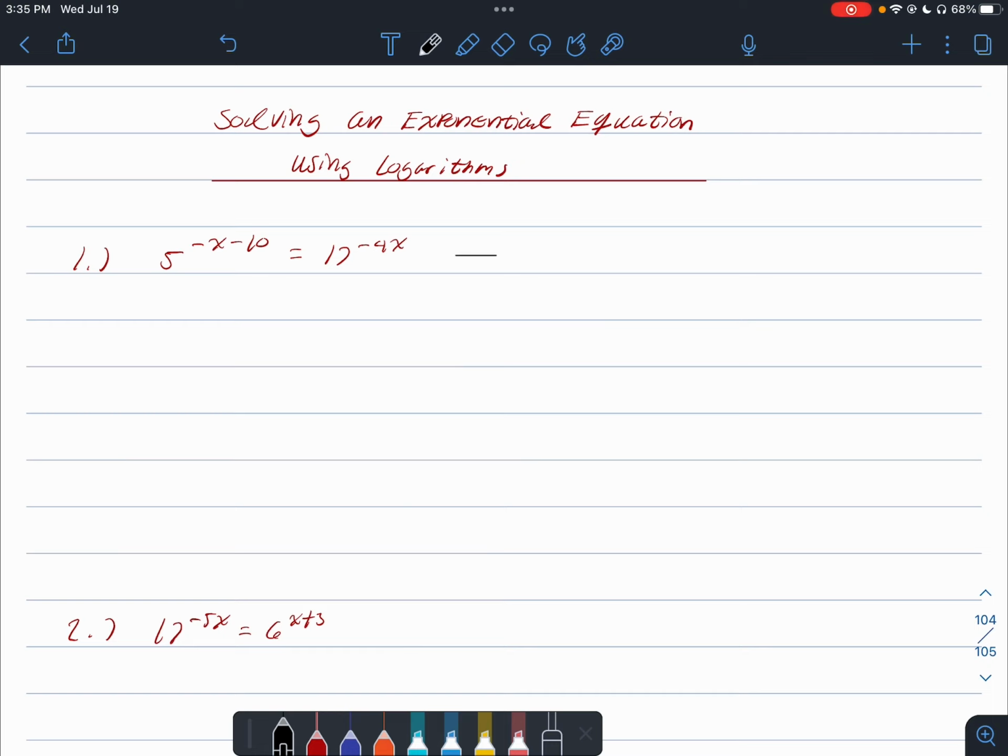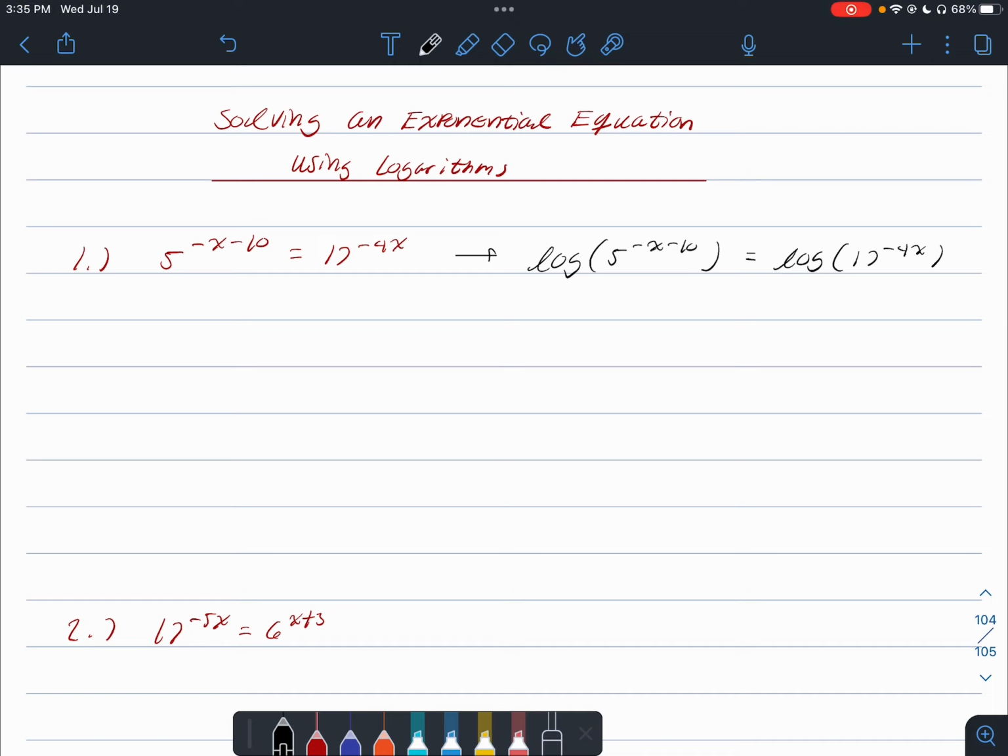So we have log of 5 to the negative x minus 10 should be equal to log of 17 to the negative 4x. And now what we can do is use the power rule to rewrite this.